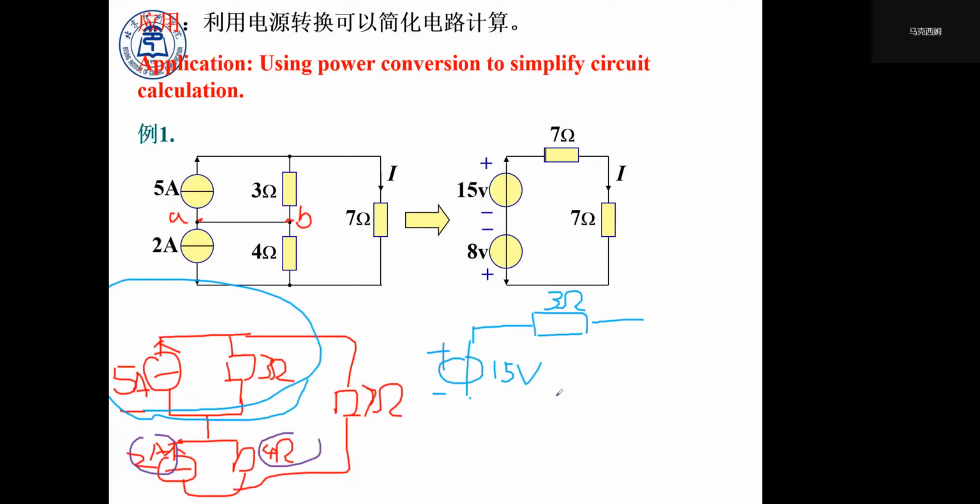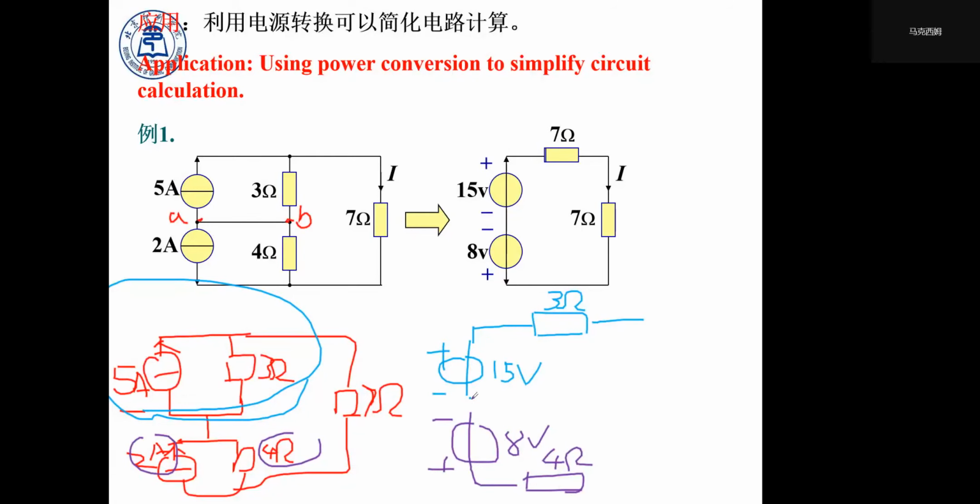So we can replace it with a 2 times 4 equals 8 volt source and a 4 ohm resistor.